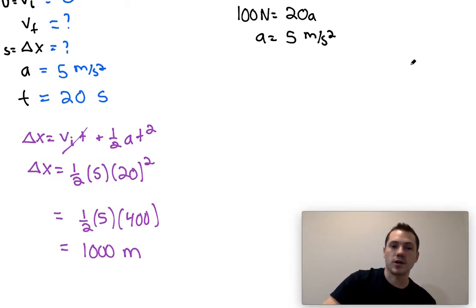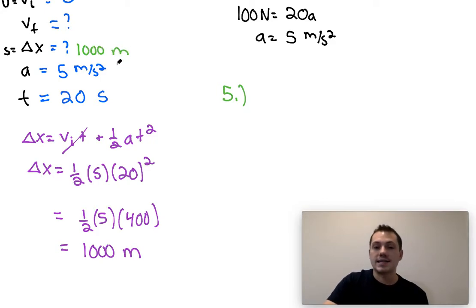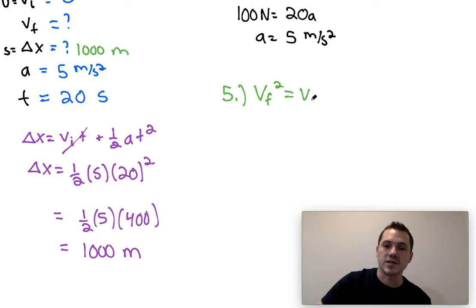After this, we're going to look for V final. So this would be question 5 right here. And again, we can just turn to any one of our big five kinematics equations. Since I now have delta x, I like this one, so I'm going to use V final squared equals V initial squared plus 2a delta x.